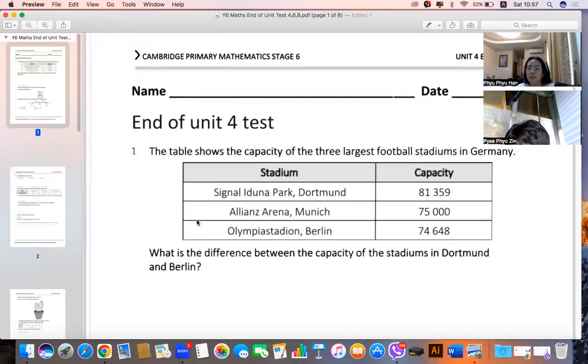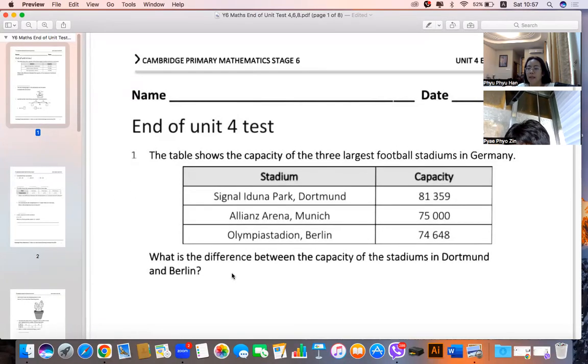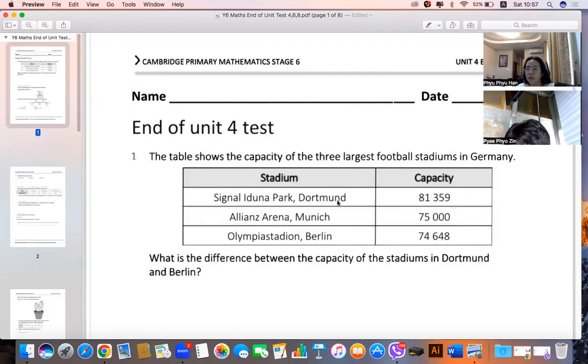Now you read number 1 and tell me what you are going to do to solve this problem. Maybe you can read in your mind and tell me what you will do.